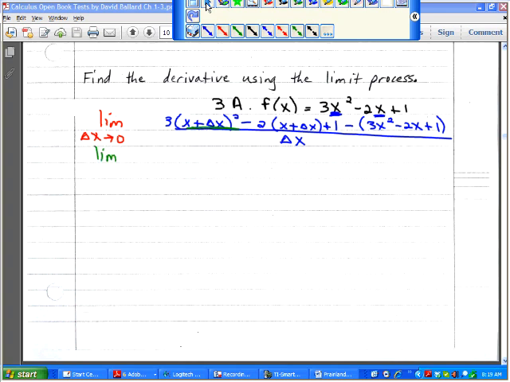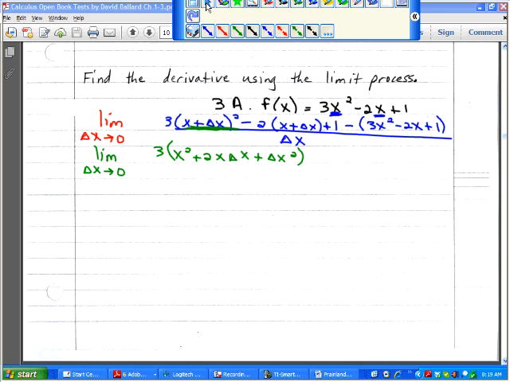So we're going to have the limit as delta x approaches 0. When we square the binomial, we'll have the first item squared plus 2 times the product of those, 2x delta x, plus the second item, delta x squared. And again, that's in parentheses with the 3 multiplied. So all we did was square that exponent.